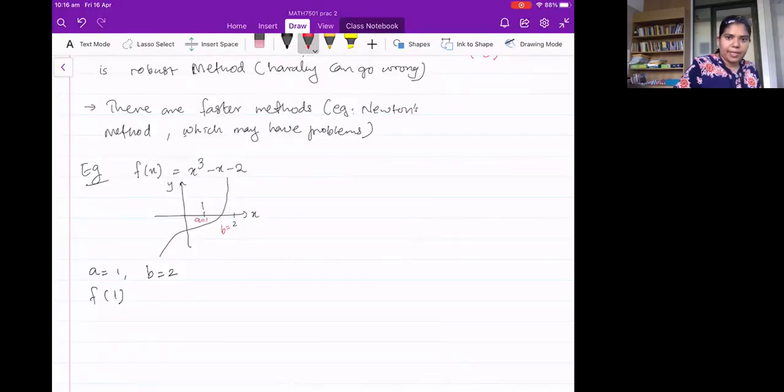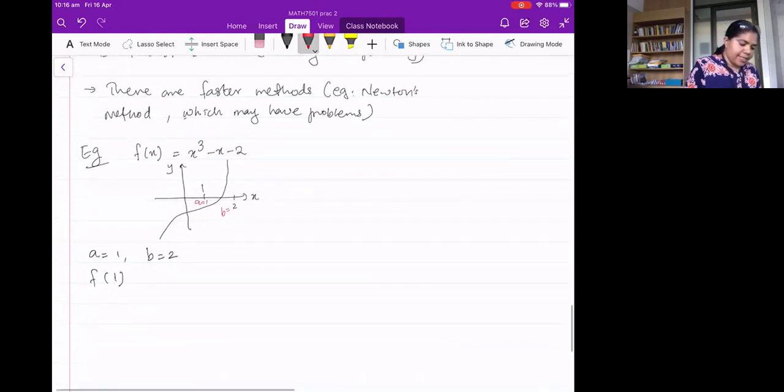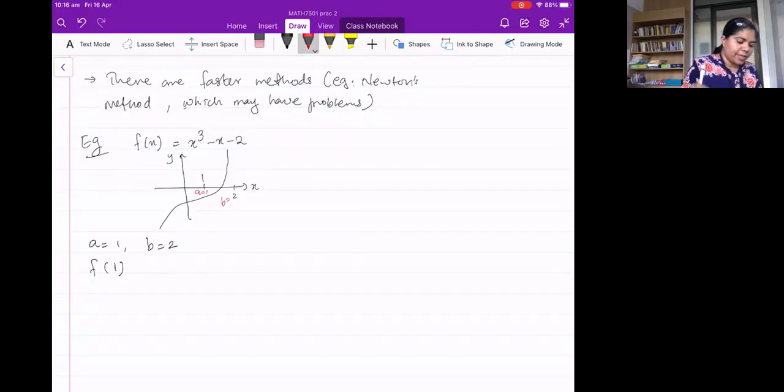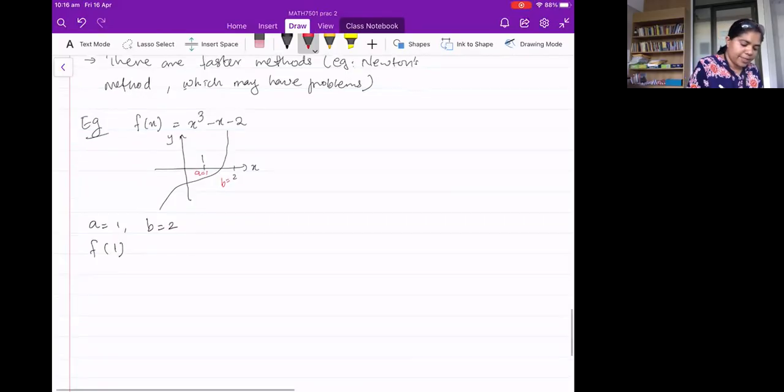For example, let me do a hand calculation example. The first step I will show. Let's say you have this curve here, f(x) equals x cubed minus x minus 2. I've used Mathematica to plot it. Its shape is like this. And there is a root between 1 and 2.